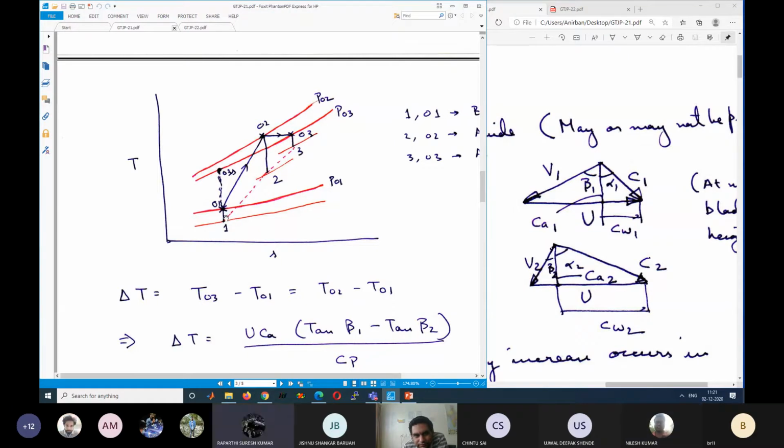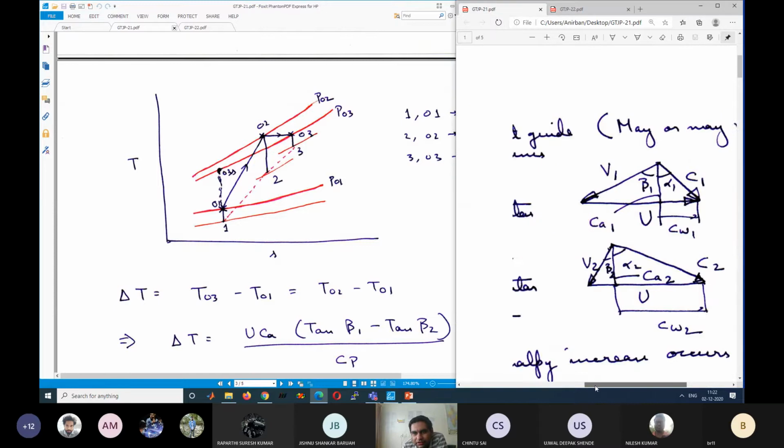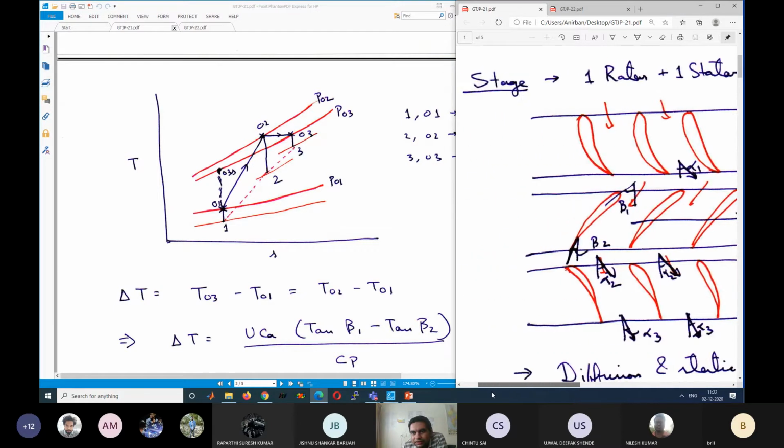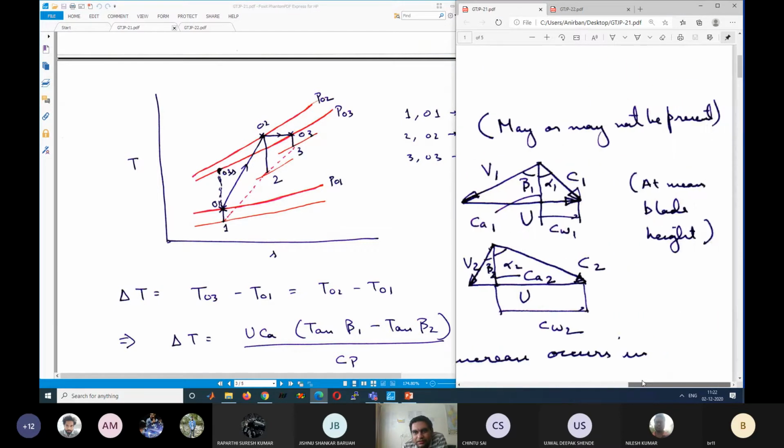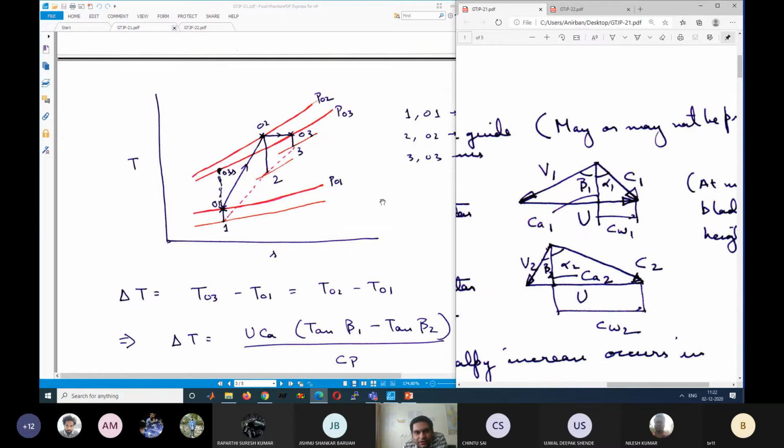Like at the outlet of the diffuser, whatever little velocity we have. Yes, so it is the inlet of the rotor. If there are no inlet guide vanes, we are drawing for the rotor and the stator, ignoring the inlet guide vanes. So it is equal to C1. C1 is the inlet velocity to the rotor. Whether inlet guide vanes are present or not, C1 is the inlet velocity to the rotor.